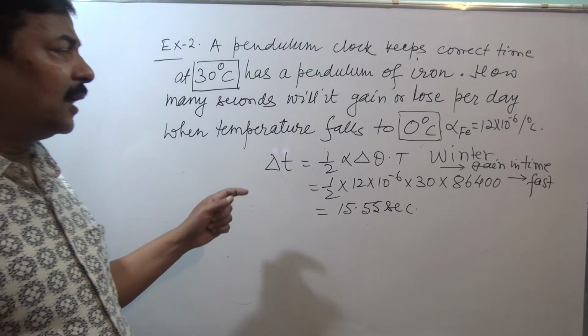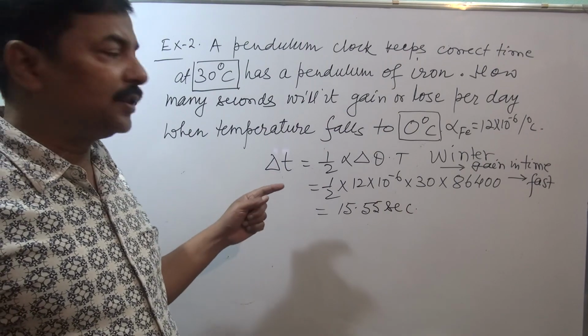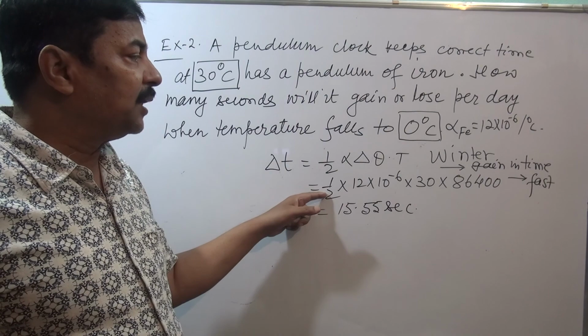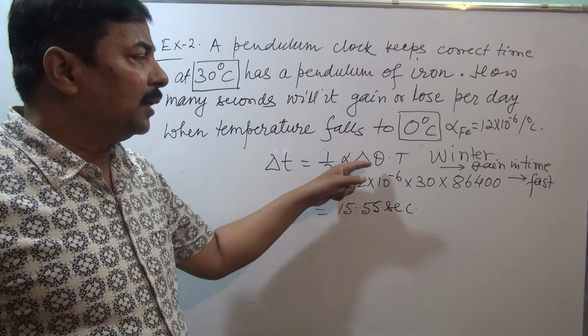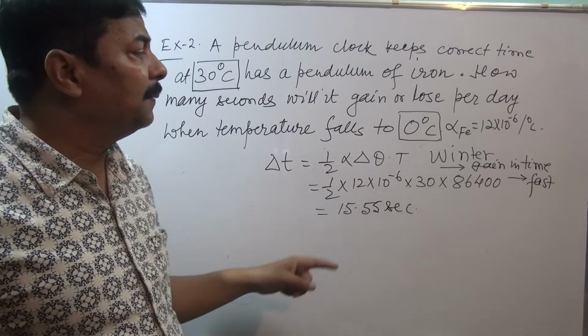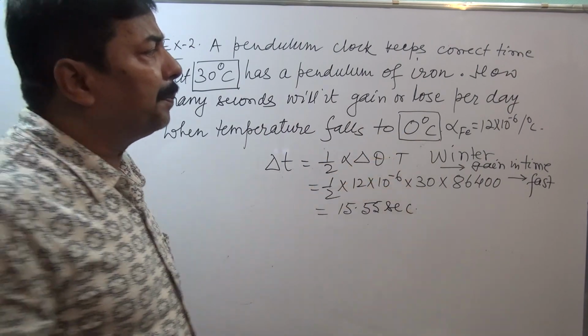Now the standard result, as I told you in the previous question, delta t is 1 by 2 alpha delta theta into t. 1 by 2 is there, alpha is there, delta theta is 30, from this temperature to this temperature the range is 30, and the time is per day.